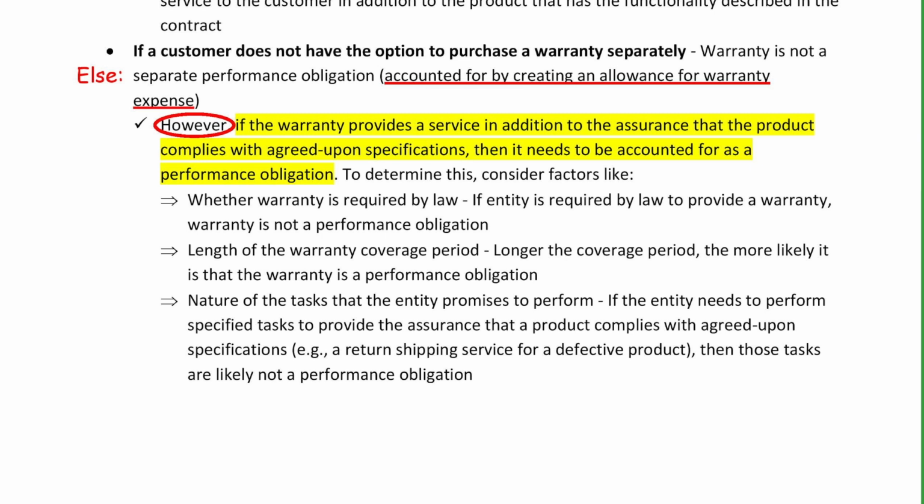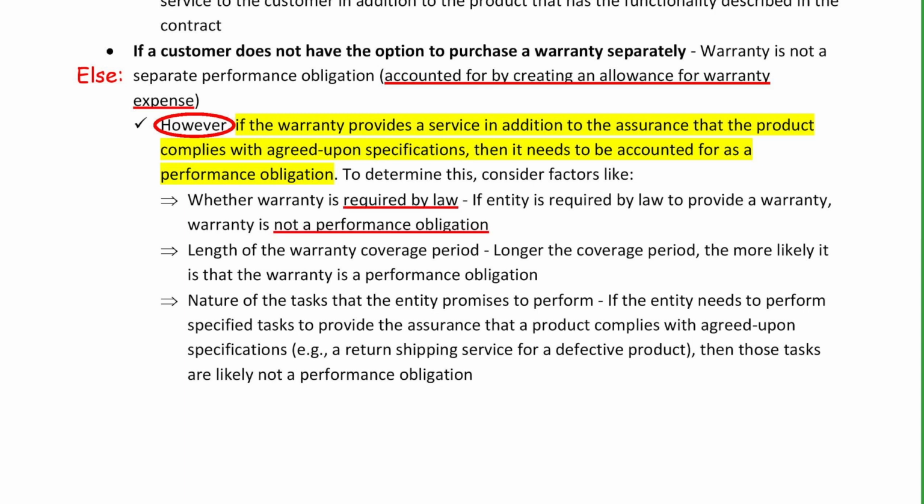Also, if the warranty provides a service in addition to an assurance on the product, even then the warranty is a separate performance obligation. Few factors that might be considered to determine this include whether the warranty is required by law. So if the entity is required by law to provide a warranty, then the warranty generally is not a performance obligation.